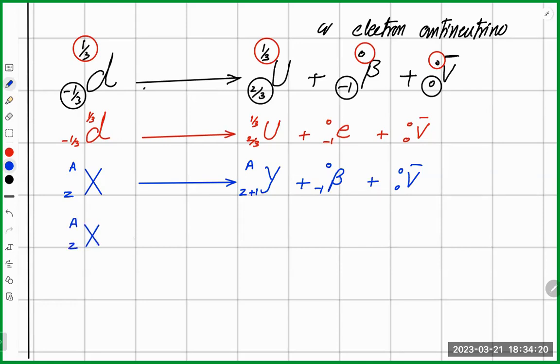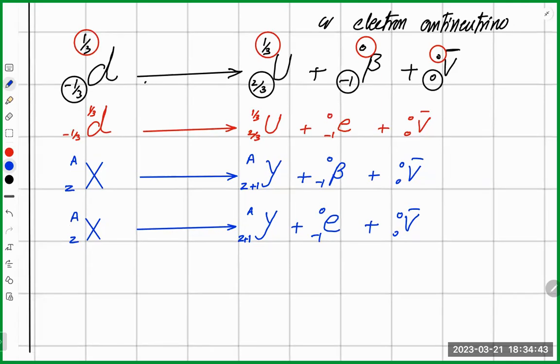X with A Z, Y with A Z plus 1, plus an electron 0 minus 1.